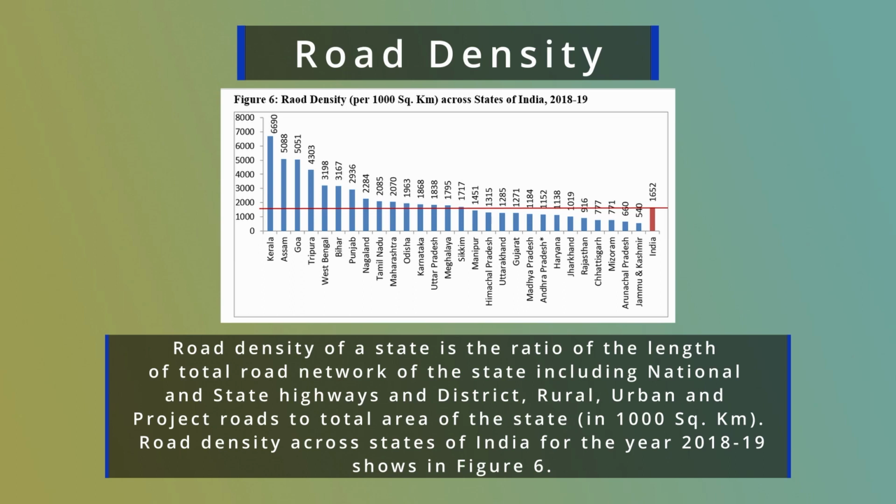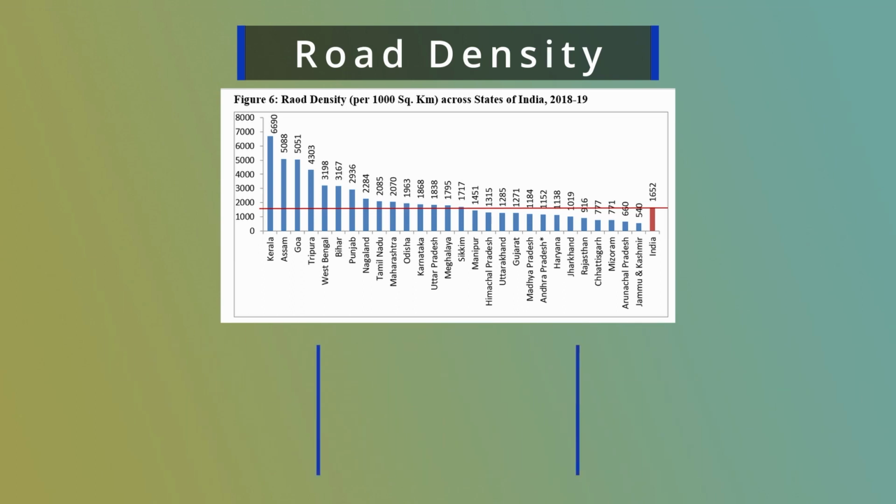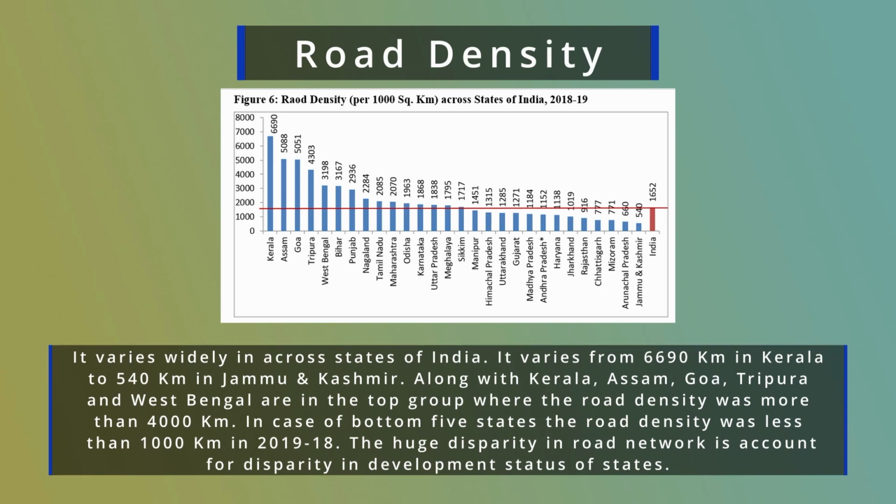Therefore, the figures that we have presented in this bar diagram are the road density of a particular state per 1000 square km. And if we look into this bar diagram, then we can easily understand the extent of variation of the road density across states of India. In case of Kerala, the road density is 6690, whereas in case of Jammu Kashmir, it is only 540 km. In case of Arunachal Pradesh, it is 660 km.